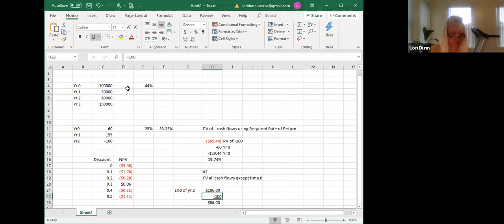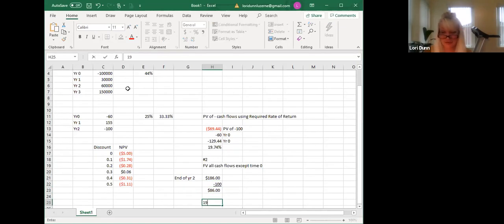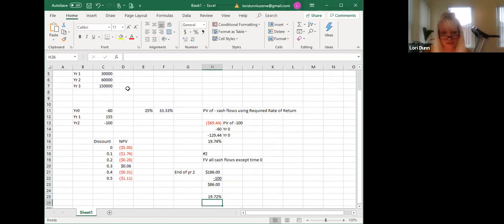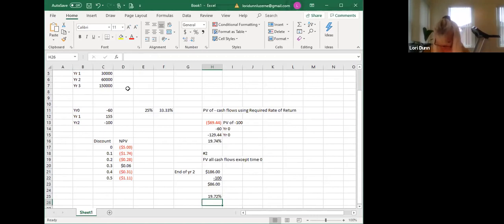At the end of year one, your cash flows are 0 because you future valued it, comma, at the end of year two, your cash flow will be +86. Then you close the bracket, close the parenthesis, and you get 19.72. So you can see the results are very similar.